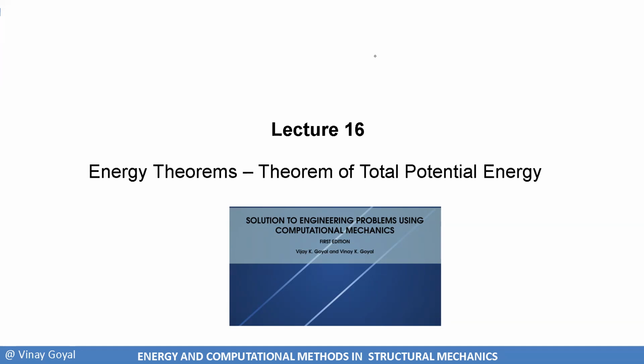The Euler Lagrange equations came by me making assumptions on that theory, that the cross section stays perpendicular to the neutral axis. I also showed you how other assumptions like no warping, no torsion, and many other simplifications were made, yet with Euler Lagrange we were able to come up with the equations that govern the beam, and I showed you how awesome it is to get the boundary conditions automatically. I didn't have to even think about it.